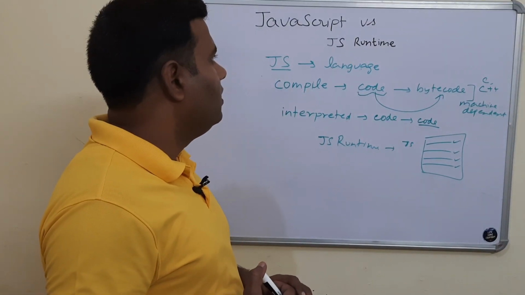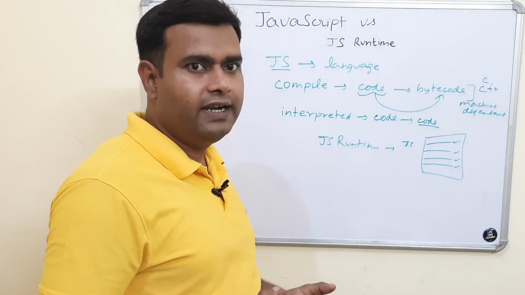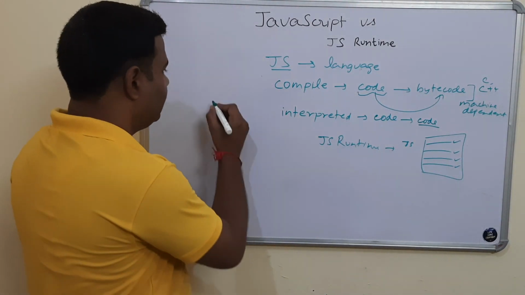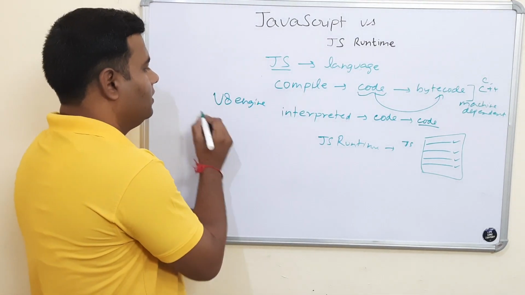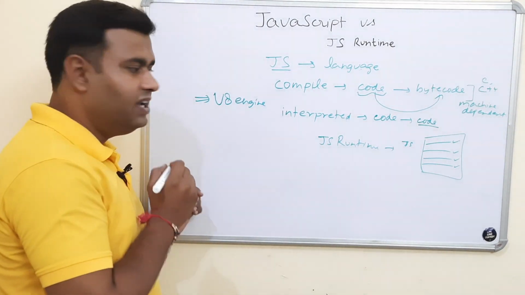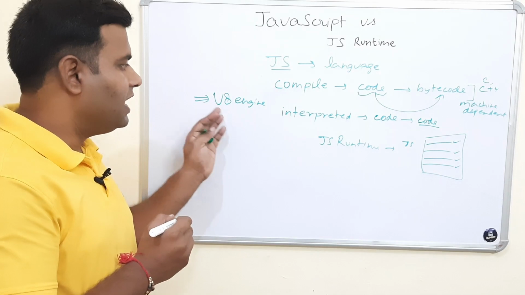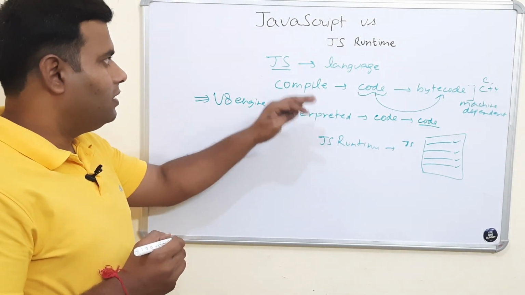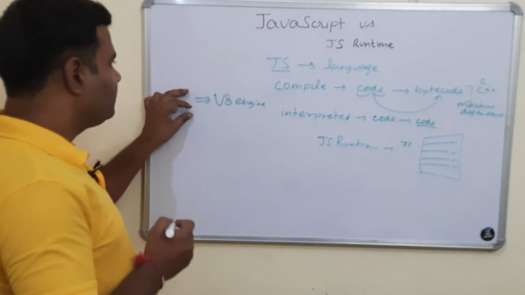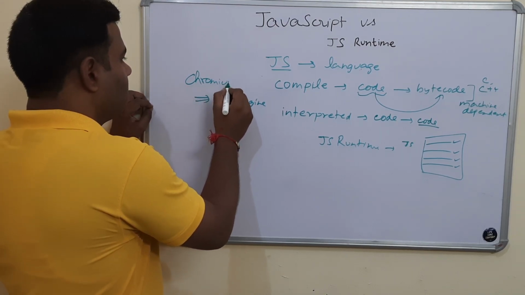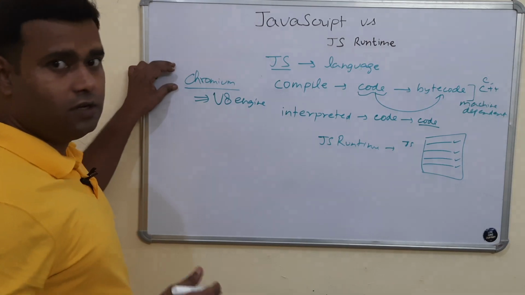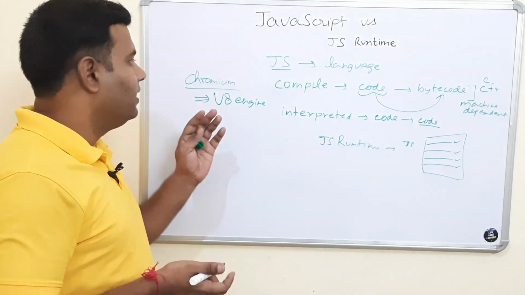So in JavaScript, if we see what the runtime is, you might have heard the term V8 engine, right? This V8 engine is a JavaScript engine which helps in runtime interpretation, and this comes from Chromium based browsers. Now you might have used Chrome as a browser, right?